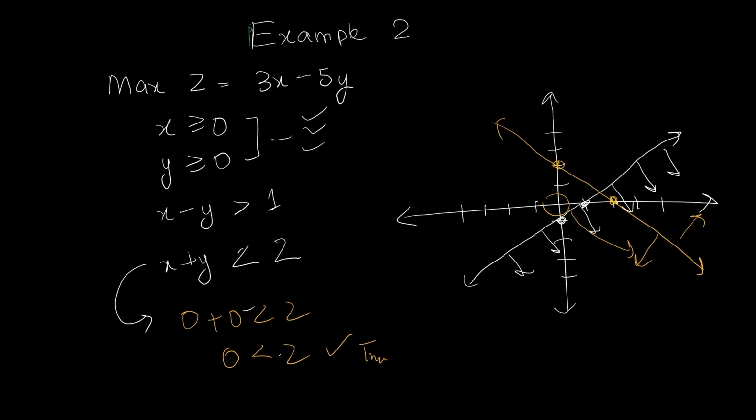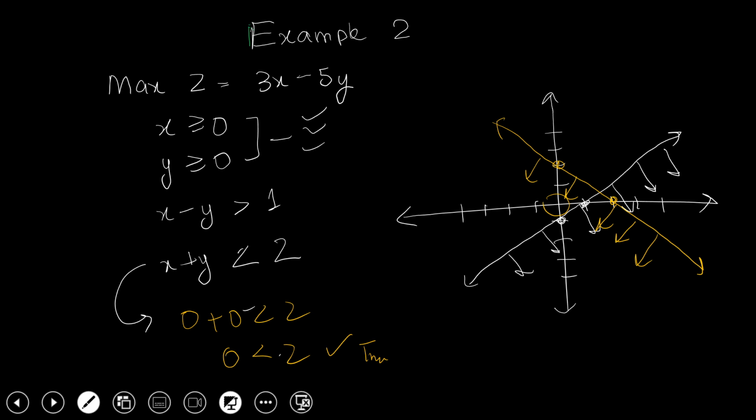That means the region is the one in the downward direction. Now, if you look closely, you can see a triangle between all of this. This triangle is the combined region. It satisfies both inequalities as well as the x greater than 0 and y greater than 0 constraints.